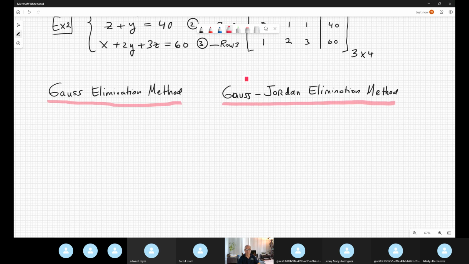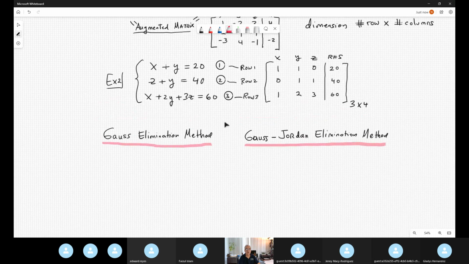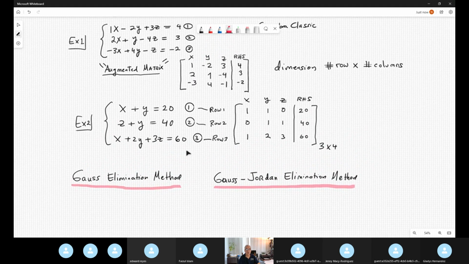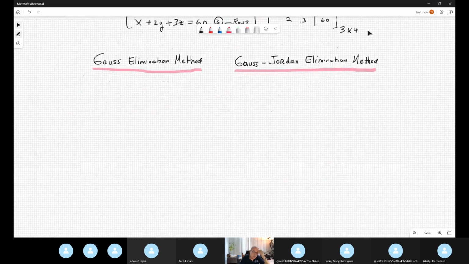When you apply the algorithm by hand or by computer software, we transform the matrix. For example, I want to retake example one, this matrix, and you are doing something on this matrix, and you convert it in this way. Let me show you.